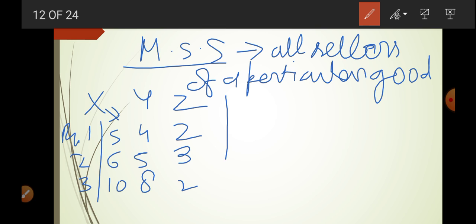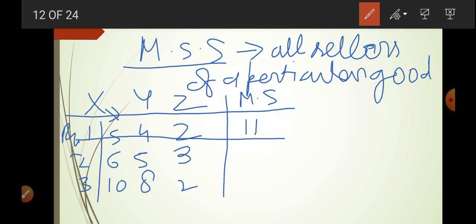Now we are going to calculate market supply. We add 5 plus 4 is 9, plus 2 is 11. So at 1 rupee price, the market supply will be 11.